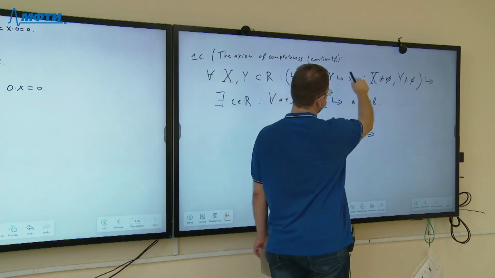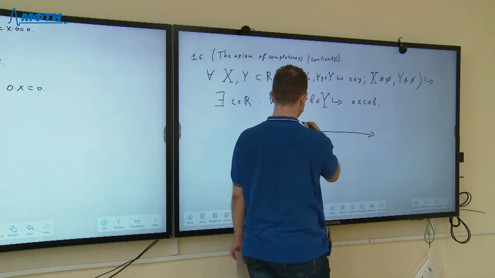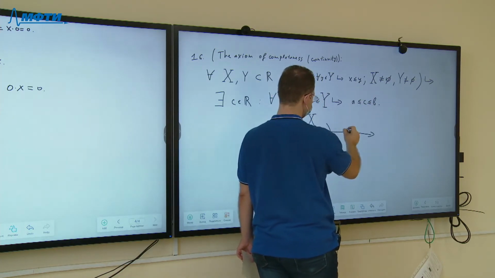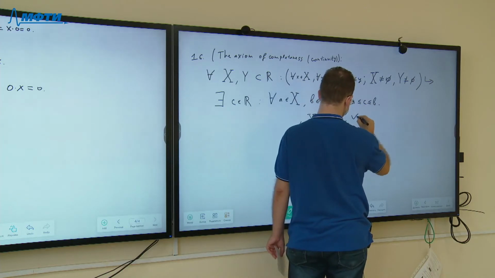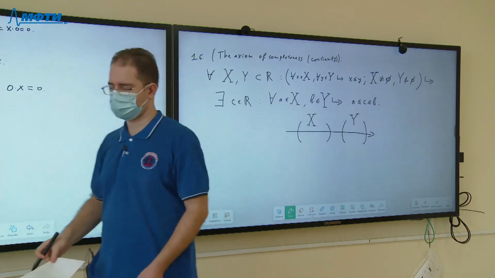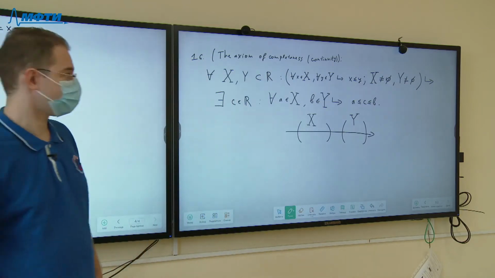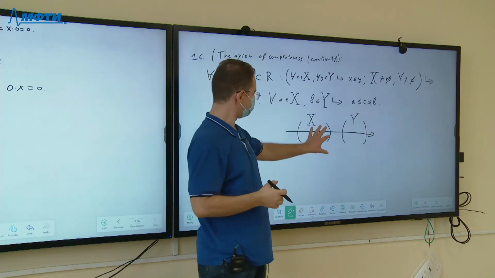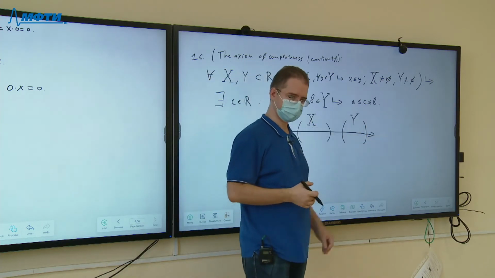This part says that the set X is to the left of the set Y. Sets could be very complicated in their internal structure, but this is to the left of that.